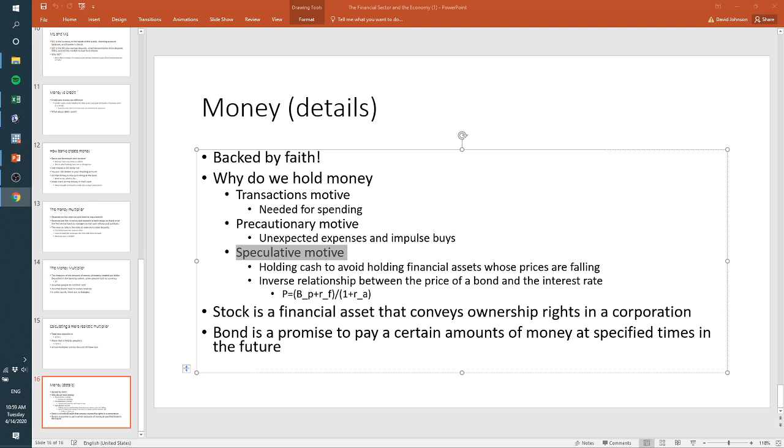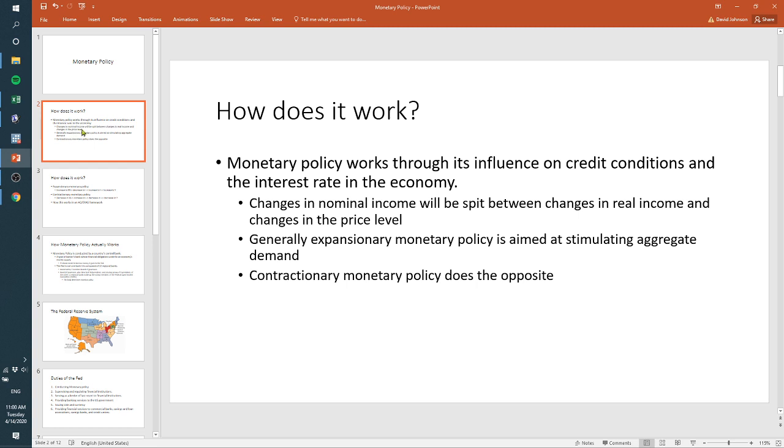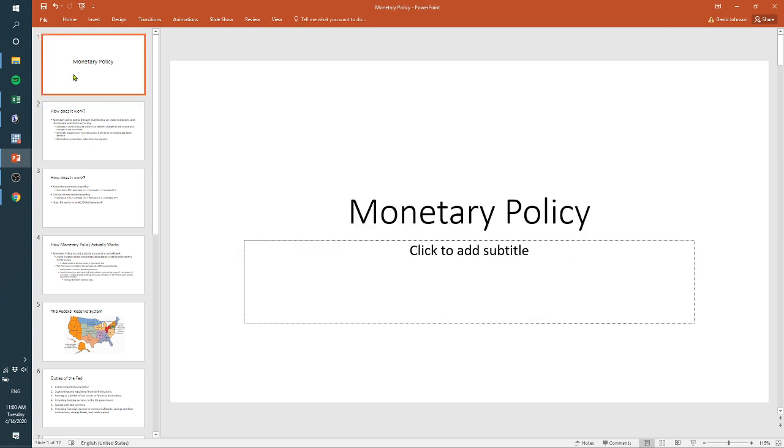Well, let's move on now to monetary policy. Monetary policy is policy enacted by a country's central bank, designed to influence the value of the dollar, or the money supply, through changes in the value of the U.S. dollar or the currency in question.